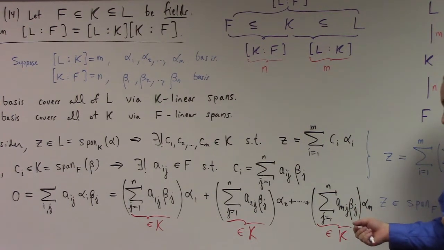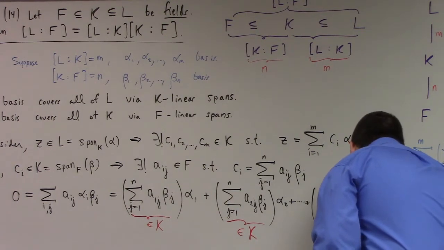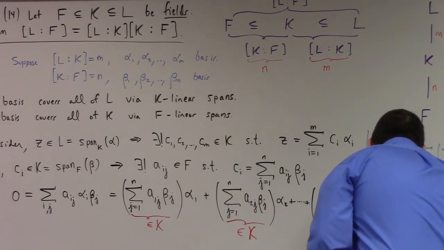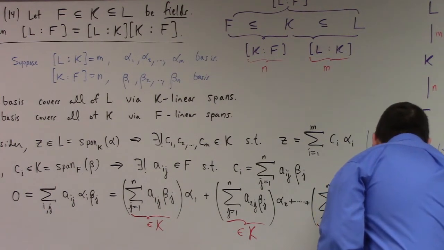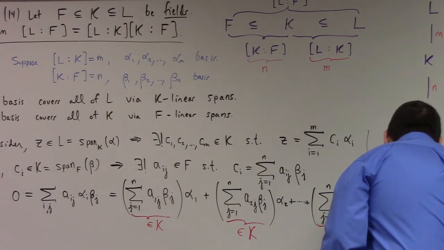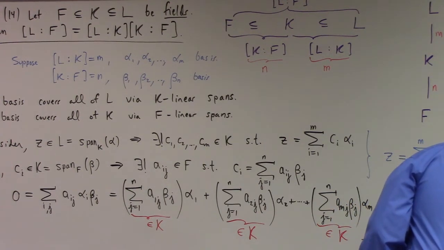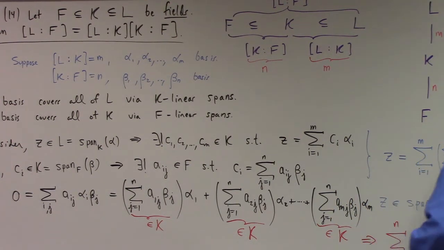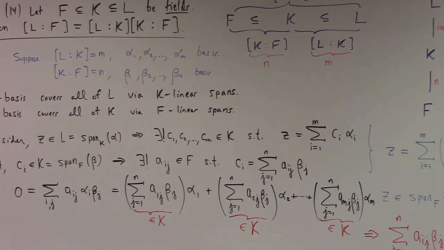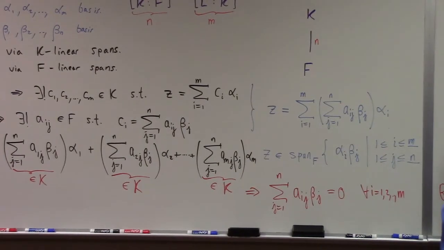So this implies that the sum j equals 1 to n of aij beta j is equal to 0 for all i equal to 1, 2, up to m, by the k linear independence of the alpha basis.